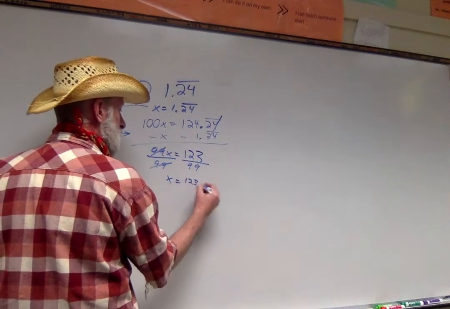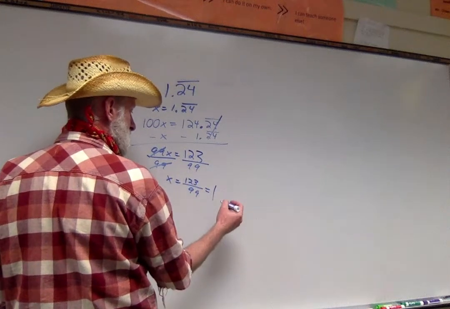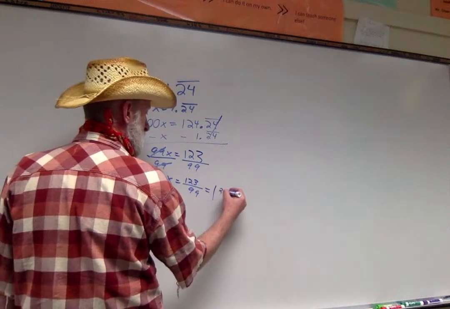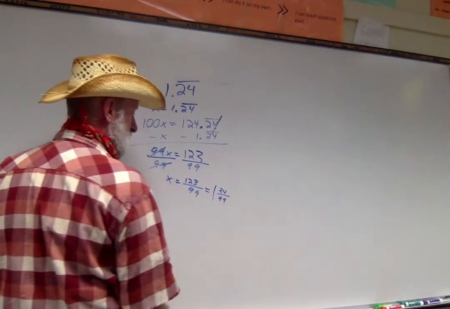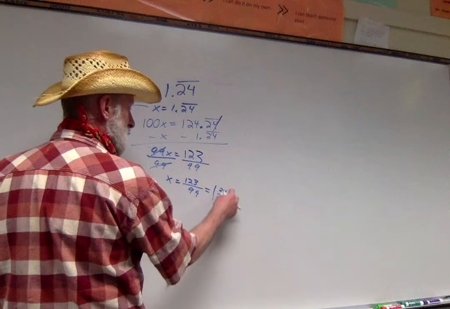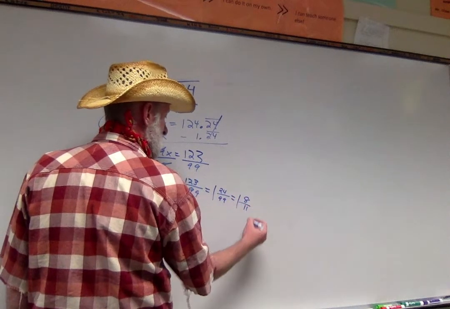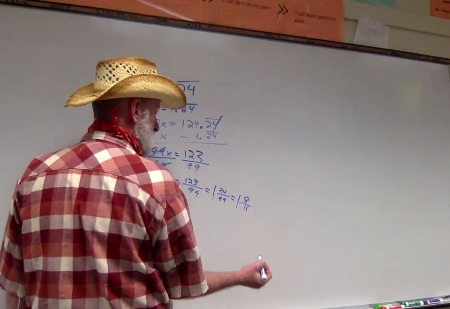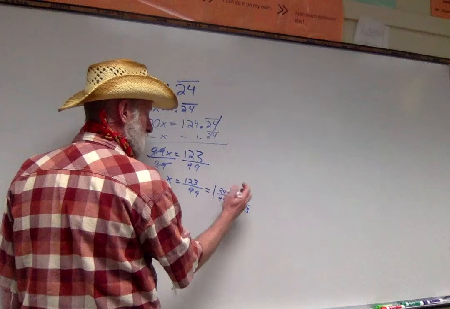X equal to 123 over 99, which I believe goes in once with the remainder of 24 99ths. Ooh, looks like they can both be divided by 3. That would be 1 and 8/11ths? No, 33. Sorry, everybody. Divide them both by 3.